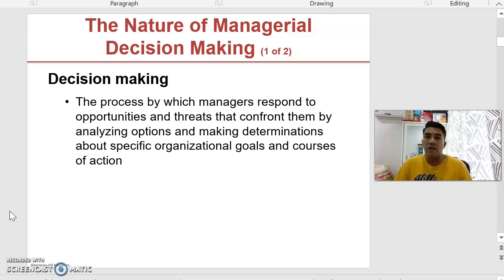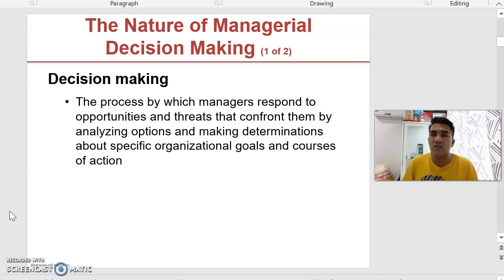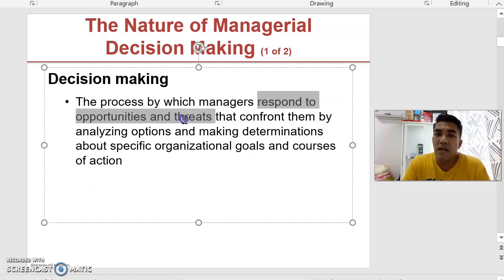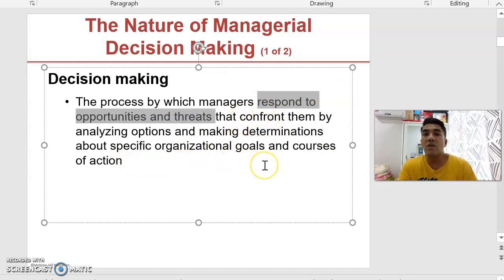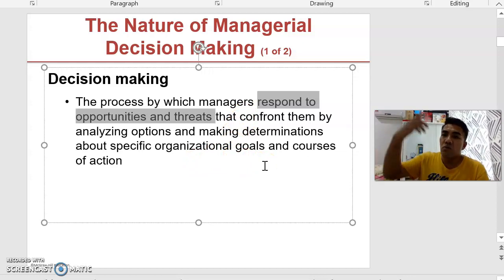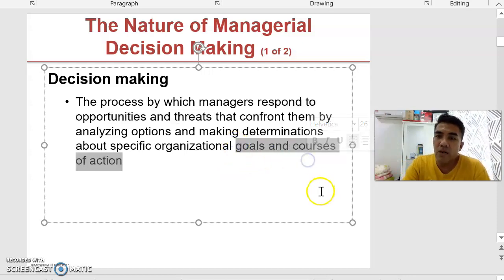So there are a few important elements when we look at the definition of decision making itself. Number 1, sometimes we make decisions in response to opportunities and threats, and sometimes we make decisions in order to deal with recurring issues that contribute towards the successful implementation of the goals and objectives of the organization.